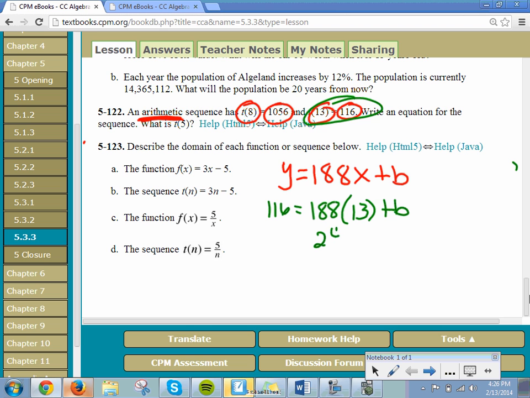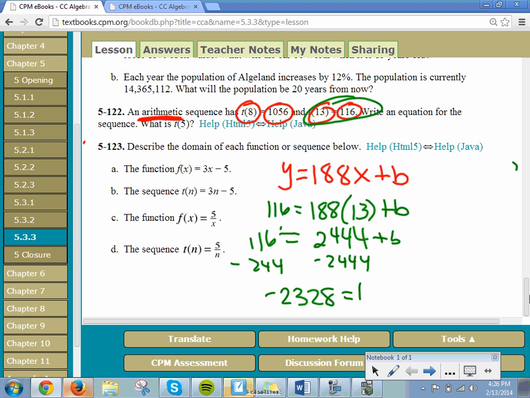So 188 times 13 is 2,444. And I'm going to take and then subtract away that 2,444 and get negative 2,328 is equal to b.